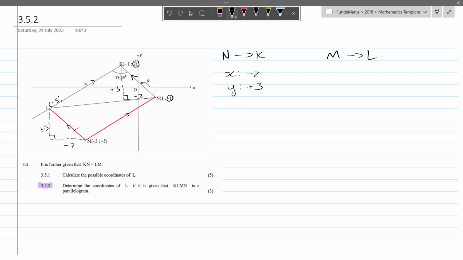So X of L will be equal to -3 - 2, that's -5. Then the Y of L will go from -5 and +3, so that would give us -2. That would be the coordinates for L.